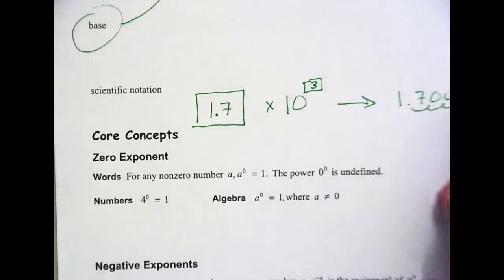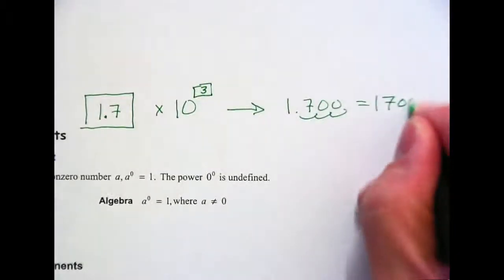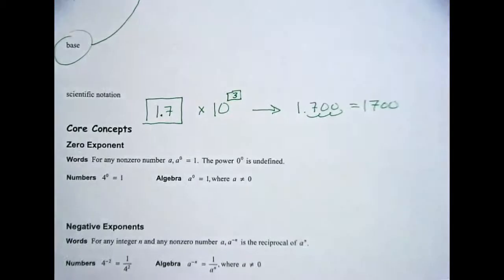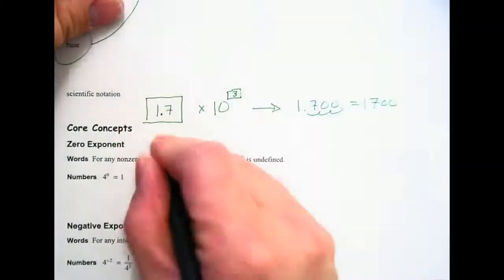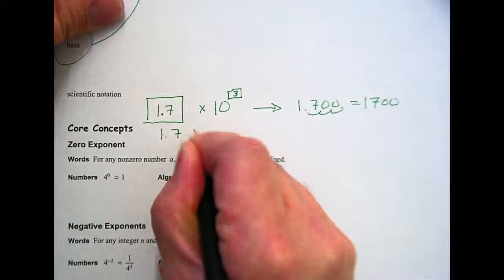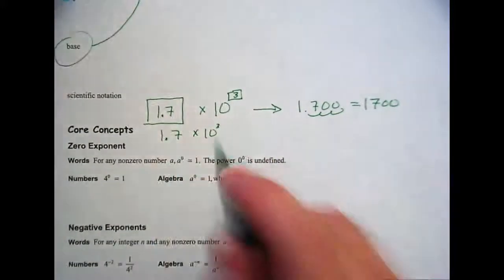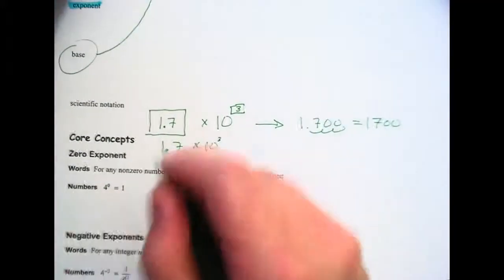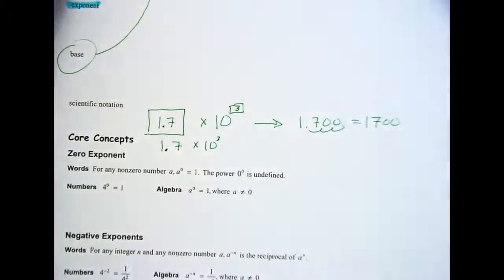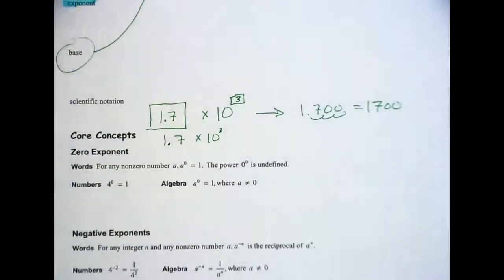It becomes 1,700. You guys tell me if I'm off the screen. Otherwise, you can't see. This is scientific notation, the 1.7 times 10 to the third. And if this is a negative power, the decimal moves the other way. We'll spend more time on that on another day.